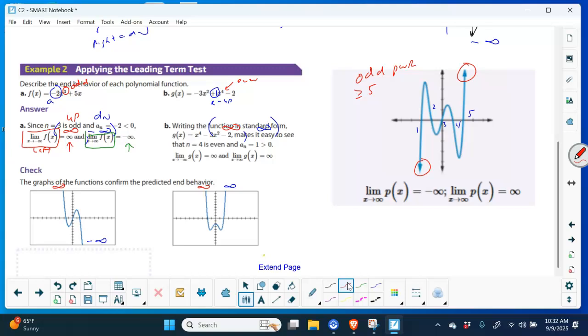It might be more, we're not sure, but it's at least 5 because there are 5 directional changes. Now, you don't always see a directional change, because they're subtle, and so we know it's at least 5. So this is greater than or equal to 5. Okay.